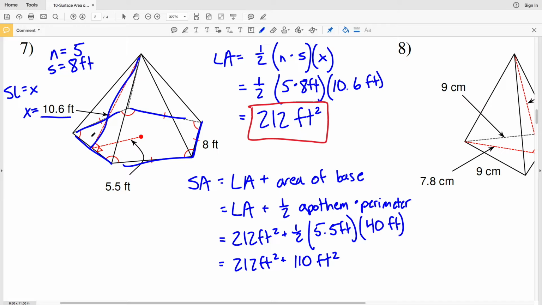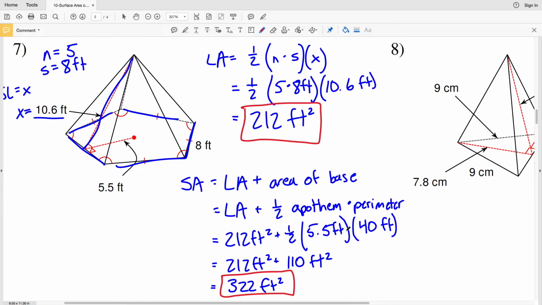So the area of the base is 110 feet squared and the lateral area is 212 feet squared. And when we add them together, we get 322 feet squared for the surface area. Adding the lateral area to the area of the base gives us our surface area of 322 feet squared.